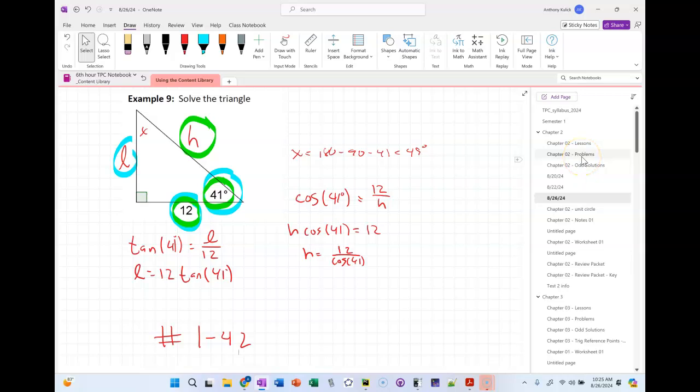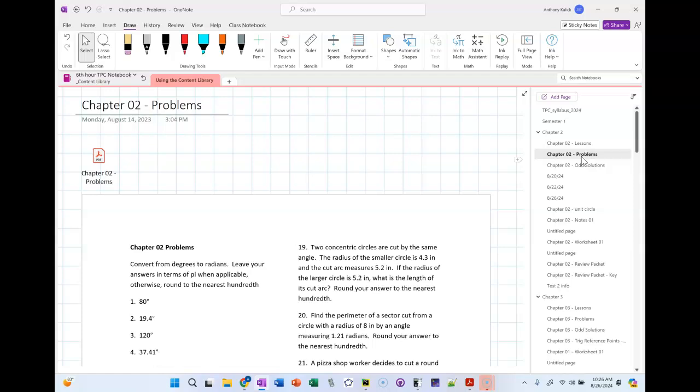So the homework set for this is 1 through 42. I know that sounds like a lot, but guys, think about what we did. You're converting units and changing things from degrees to radians and typing sine 17 in your calculator and pressing enter. There's a lot of problems there, but they're not bad. If you look in the OneNote at the problems page, this is the list of problems. If you choose to do your homework in OneNote, please don't write your answers next to the problem.